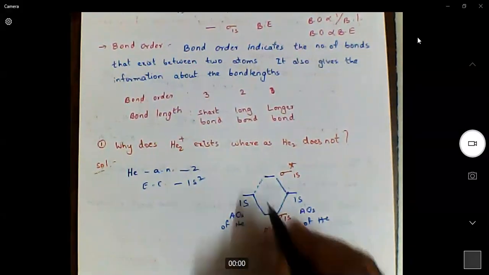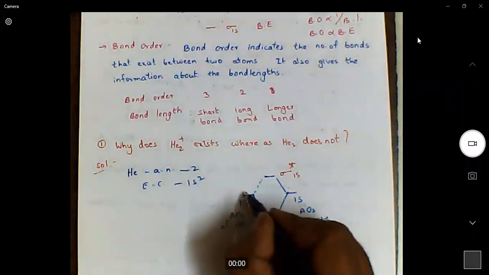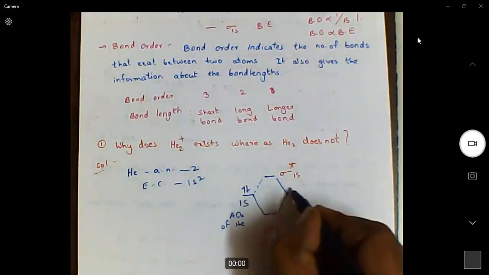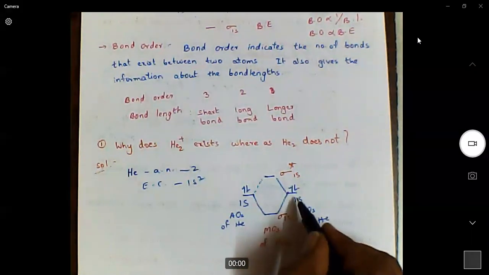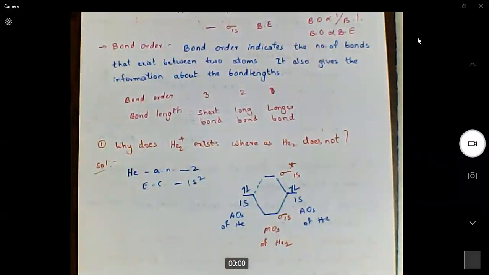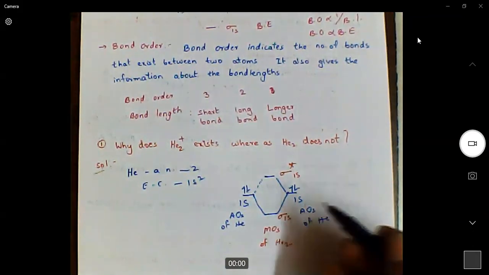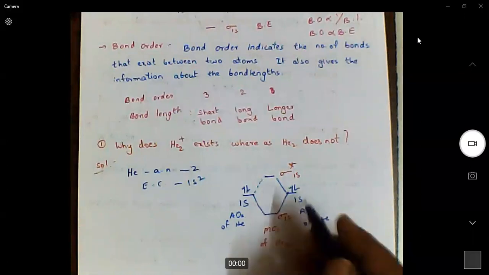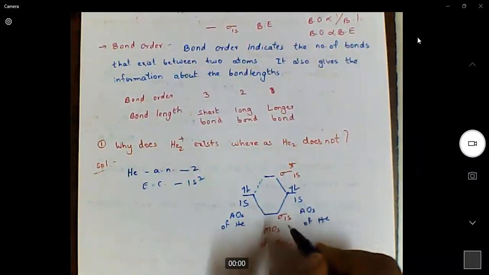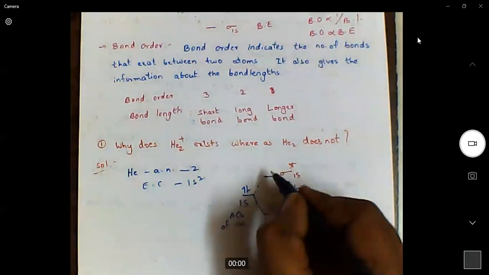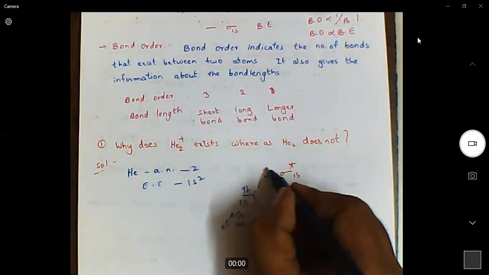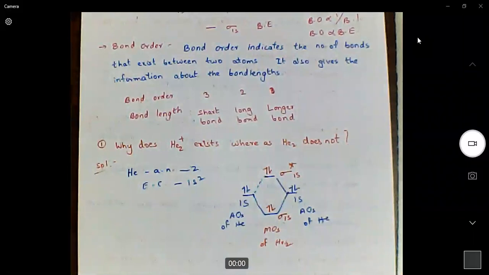Now we have two electrons in each helium atom. So this helium atom will have two electrons, this helium atom will have two electrons. Altogether we have 4 electrons. Now we need to fill these 4 electrons in the MOs. In the lower bonding orbital we will fill 2 electrons, and in the higher energy anti-bonding orbital we will fill 2 electrons.